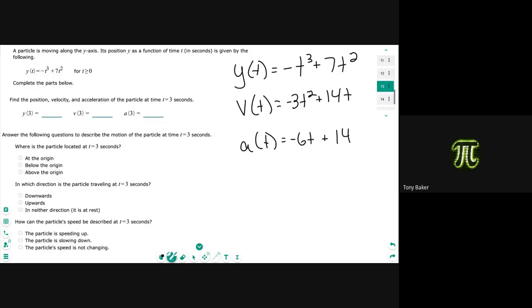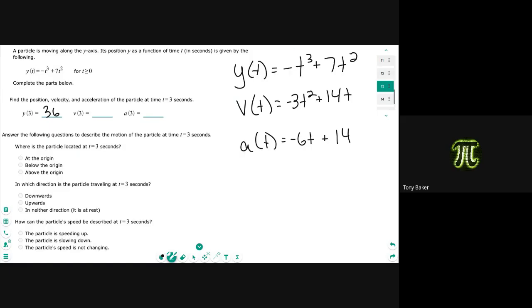So now we plug in 3 to each one. So negative 27 plus 63. I guess. What's the v?